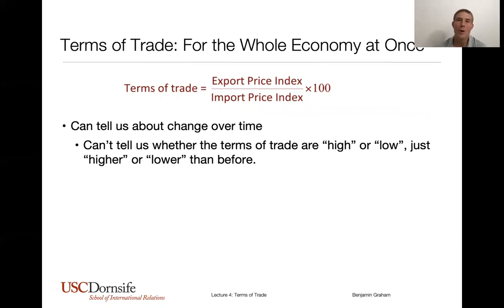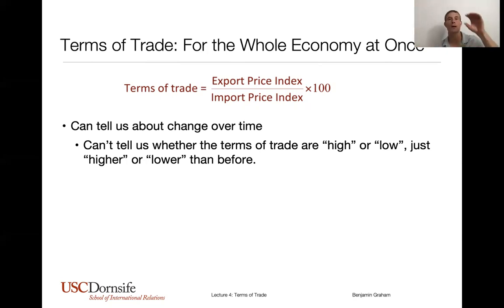All we're doing here is picking the current prices and saying, okay, prices as of 2010, we're going to call that the starting point. We'll call that index 100. And then we can look at how things change over time. We're going to index together the prices of everything we export and stick it over top of the prices of everything we import.